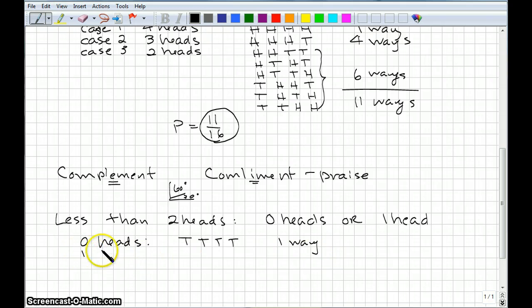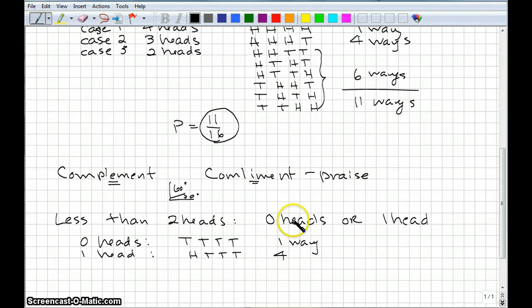And 1 head, it's just going to be all tails except for 1 head. And just like up here where we had the case where we had 1 tail, to get 1 head we've only got 4 places to put the head, so there'll be 4 ways.